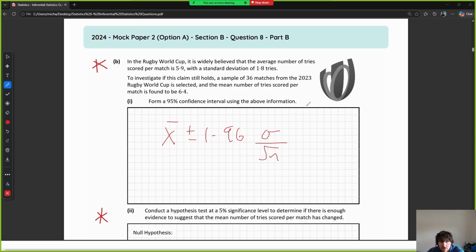So let's sub into that, because we have everything. We have our x bar, we use the sigma they give us, and our n is 36. Let me sub it in here for the examiner: 6.4 plus and minus 1.96 multiplied by 1.8 over the square root of 36, which will become 6 when we do the calculation.